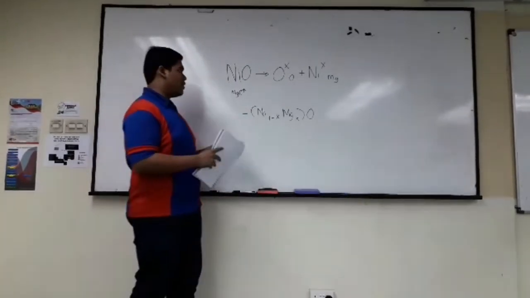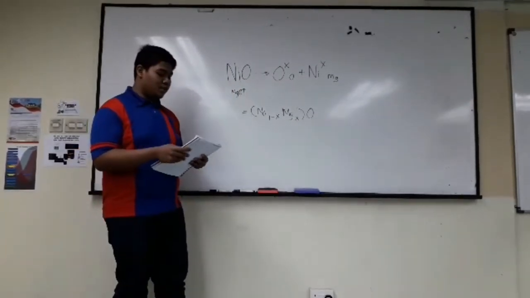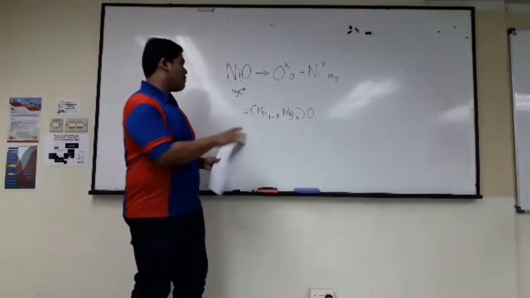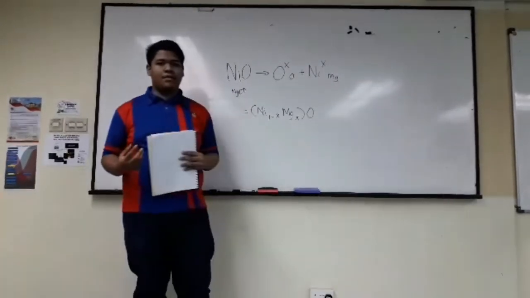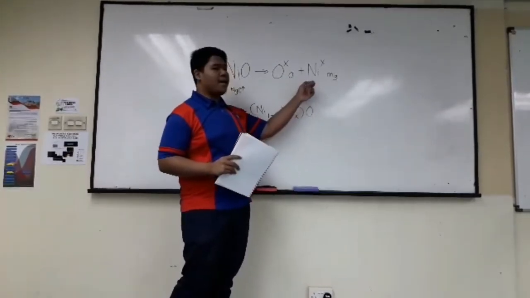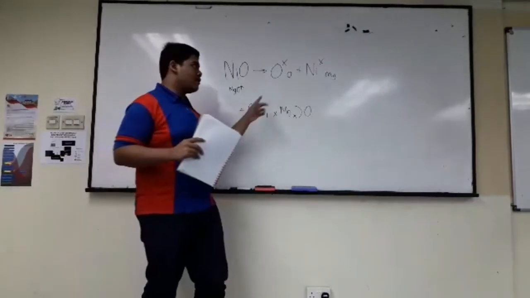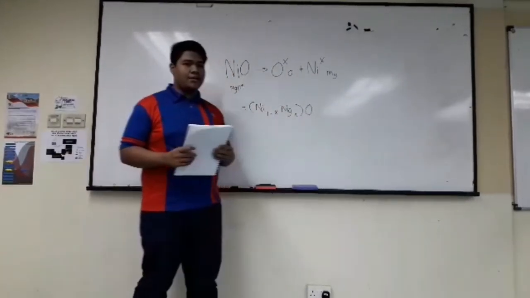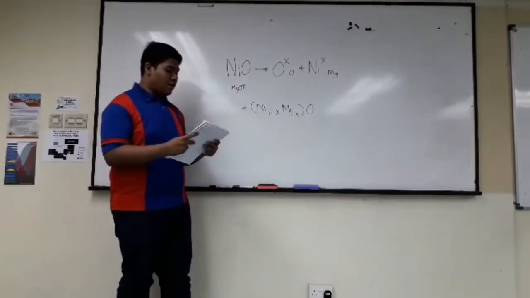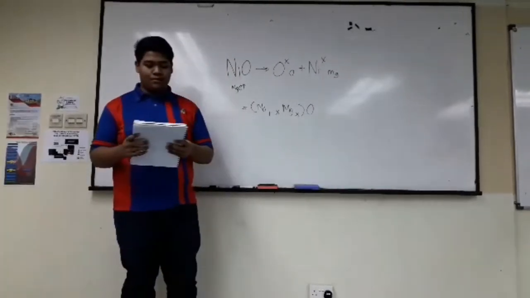For example, the host is NiO and the substitute is MgO. The ion of Mg is Mg2+, so it will substitute with Ni2+, and O2- with the anion. It will produce a solid solution of Ni1-x MgxO.